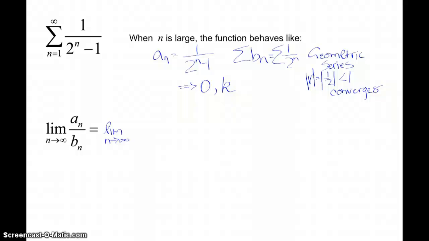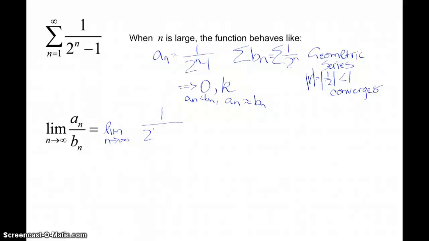Those are the two results from this limit that are going to be helpful. Since B sub n converges, if I can prove that A sub n is smaller, or that A sub n behaves relatively the same for large input values, then that's going to tell me that A sub n must also converge. However, if I get infinity out of this limit, it's not a good result.